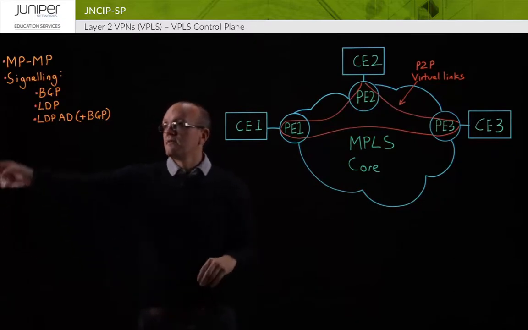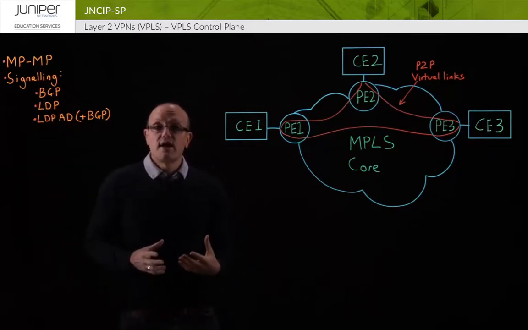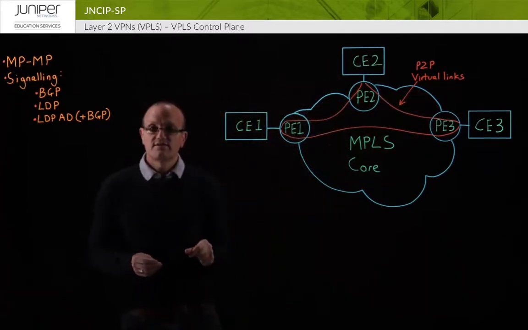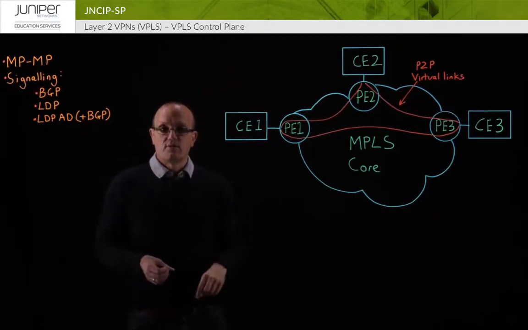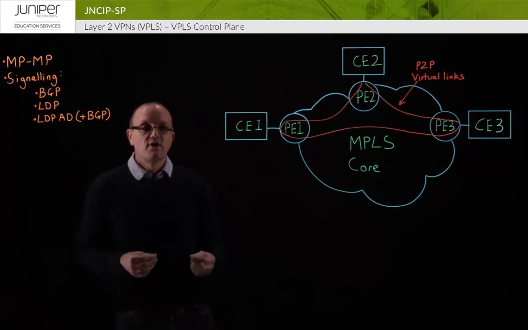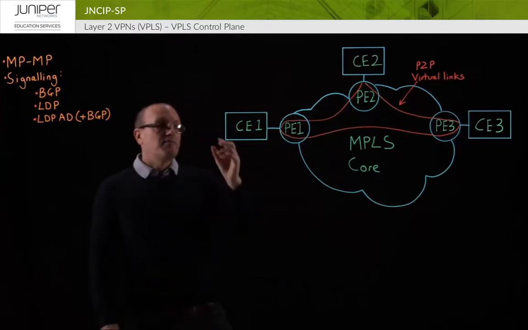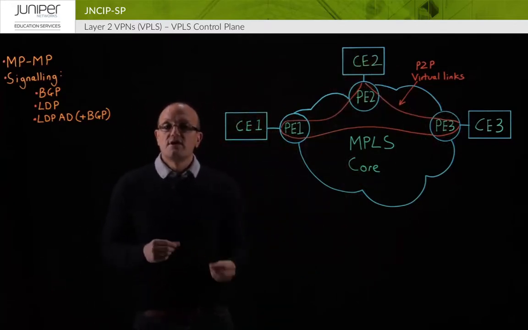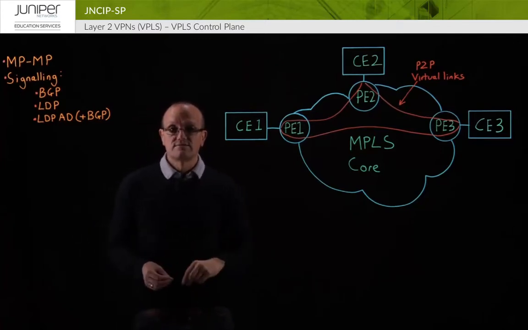So what about LDP signaling? We can absolutely use LDP signaling to form this full mesh of virtual links. However, there is more manual configuration required, because remember, with LDP signaled virtual circuits, we need to identify the remote PEs and the identifier on those remote PEs to form the virtual circuit. And we would need a full mesh configured, so that's more configuration.